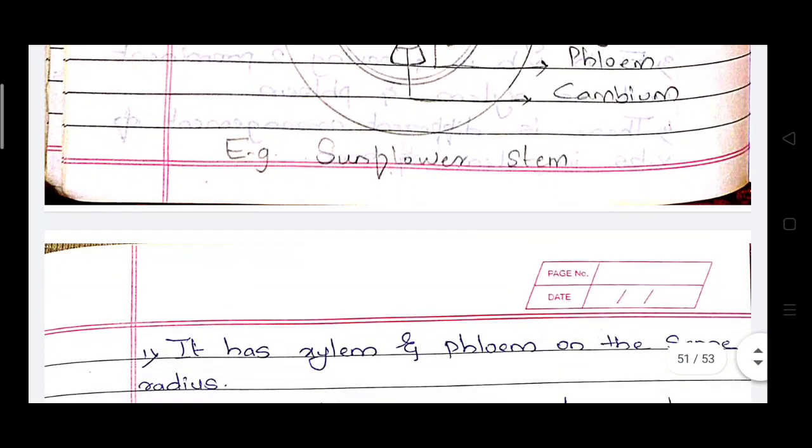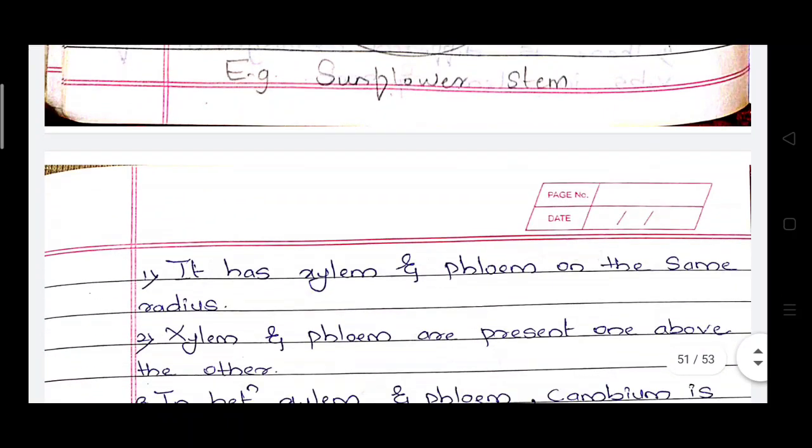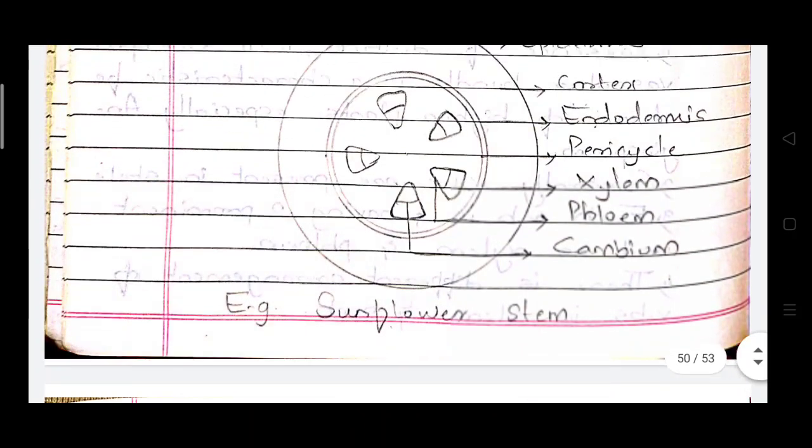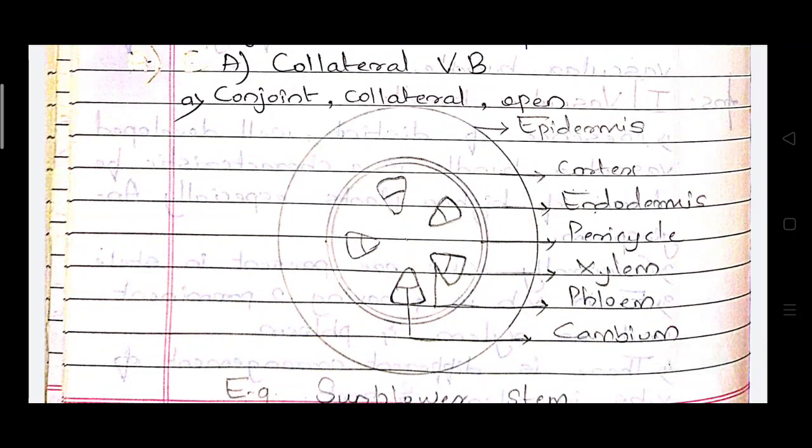In the conjoined collateral open type, the xylem and phloem are present in the same radius, one above the other. That's why it is conjoined collateral. In between the xylem and phloem the cambium is present, which is why it is known as conjoined collateral open.